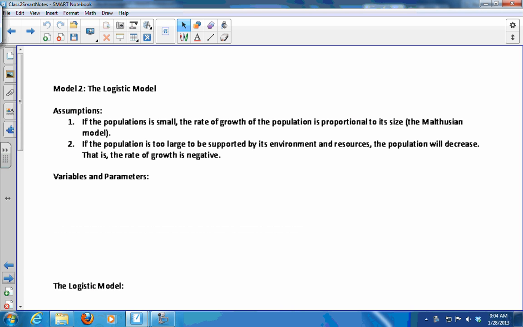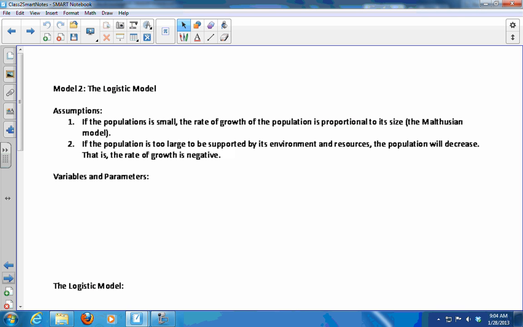So our second model is called the Logistic Model, and it has the same assumption as the Malthusian model, except that only works if the population is small. If the population is small, the rate of growth of the population is proportional to the size of the population. But assumption 2 says that if the population is too large to be supported by its environment and resources, the population will decrease.